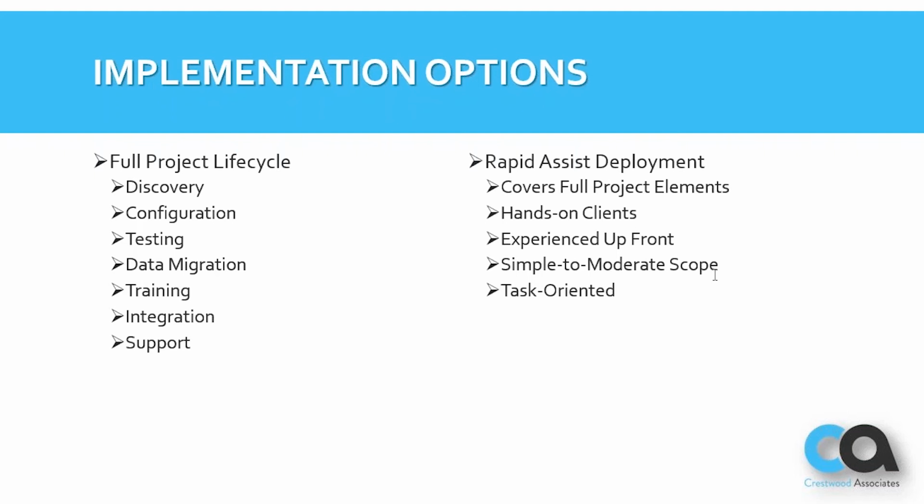Really a good candidate for a rapid assist deployment. Now, it can be better to have some customizations that has some ISVs in there, but just want to give a flavor of a little bit of what that ideal profile looks like. You have these experienced folks on staff that can take some of the legwork and therefore some of the cost and speed up the timeline for your implementation.